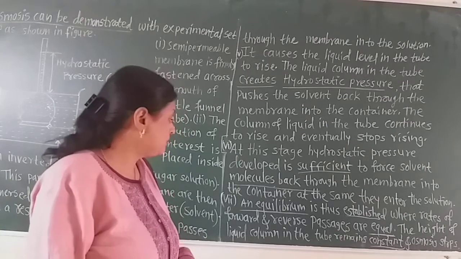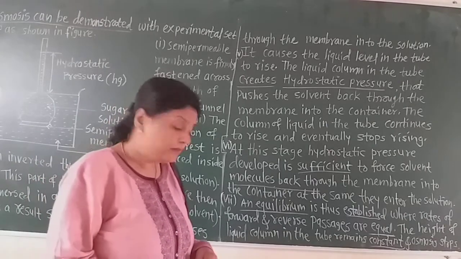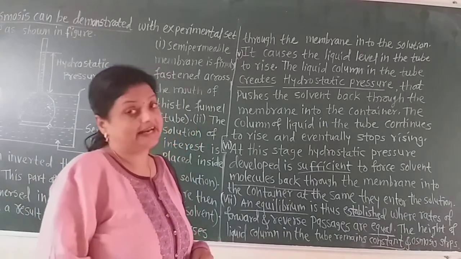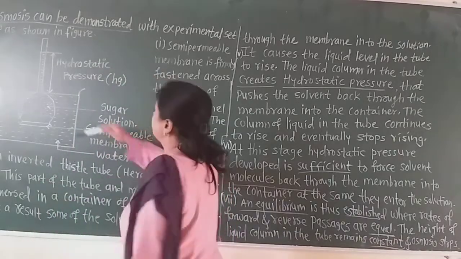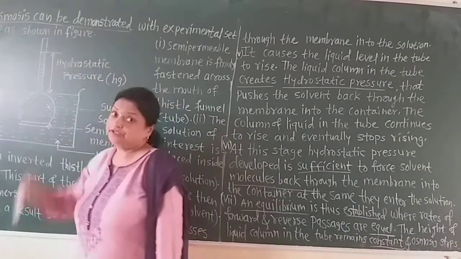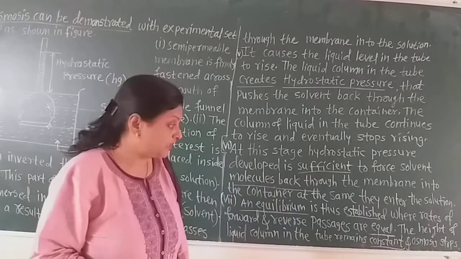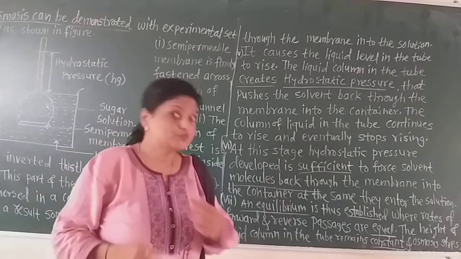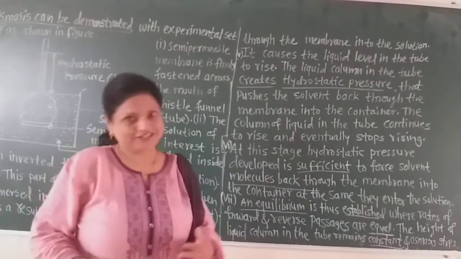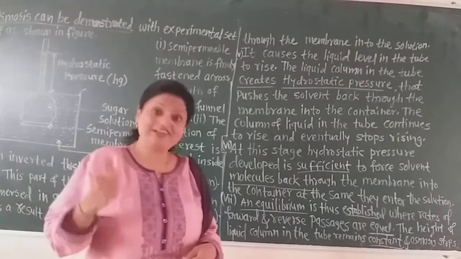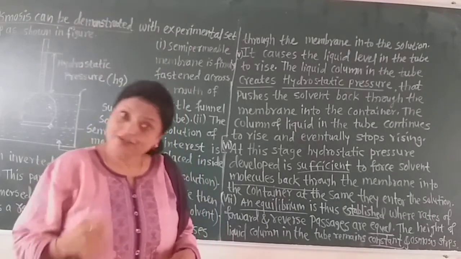When they are equal, the height of the liquid column in the tube remains constant, and osmosis stops.